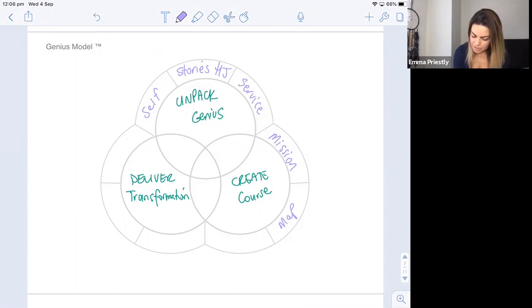And the third part of this one is your model. So this is a model that I'm showing you right now. So we're going to unpack yours. We're going to, again, give it a structure as to where all the elements and all the pieces fit. You've got to have a model. But then you also need to be clear on the model that you're going to create.